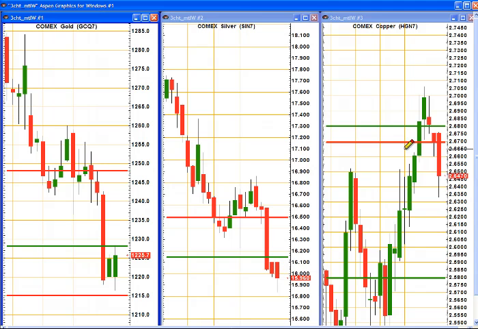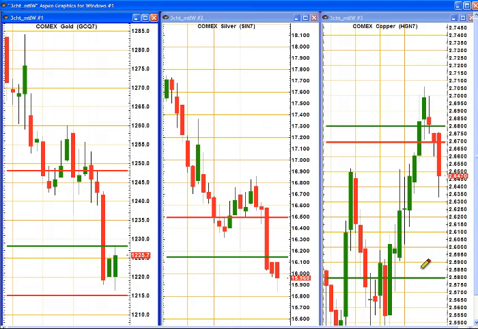And let's take a look at copper so you understand that one. The magnitude change here in that market, in terms of ticks, it trades in 0.0005. So it's a half of a thousandth of a cent for the increment of change, and that's $12.50.